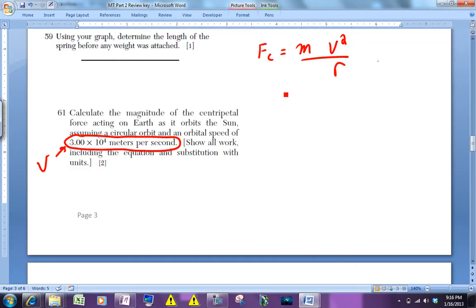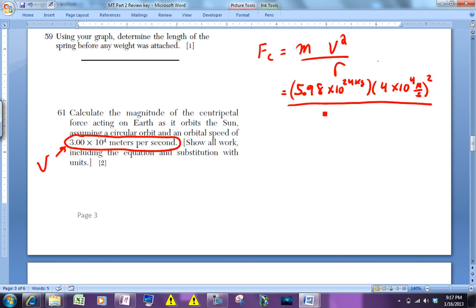But plugging this information in, mass of the Earth, 5.98 times 10 to the 24th kilograms. The velocity is 3 times 10 to the 4 meters per second, and that's squared.